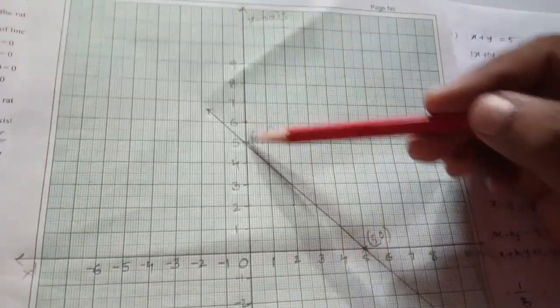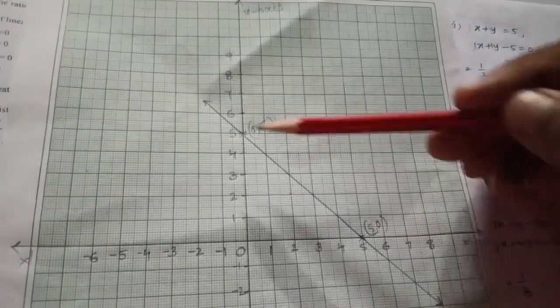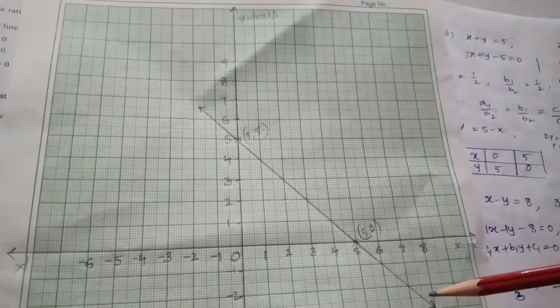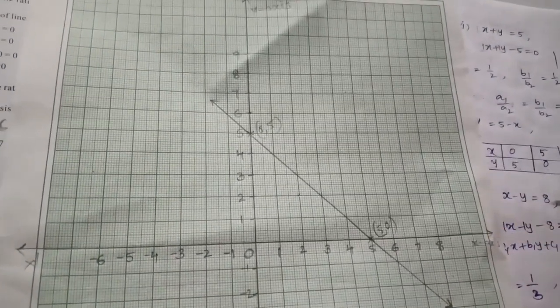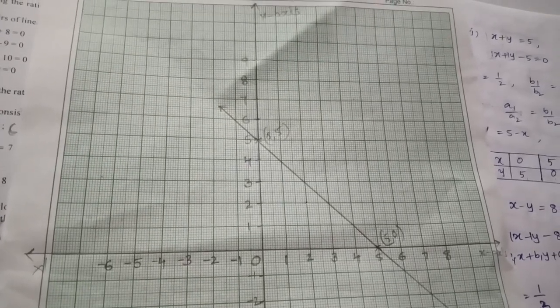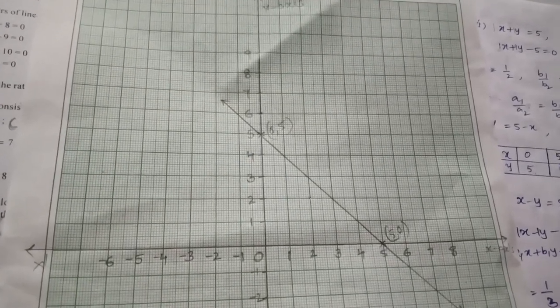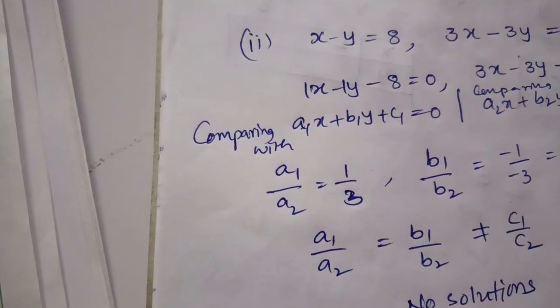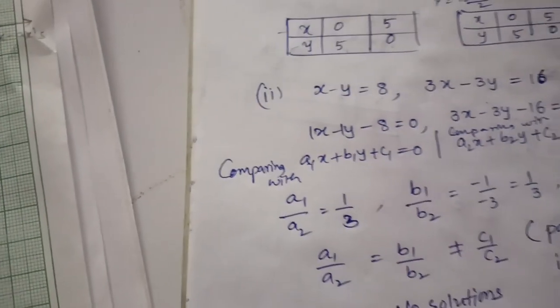This is 2x plus 2y equals 10. So these lines are coincident lines. Coincident lines have many solutions. This type of lines are consistent lines.